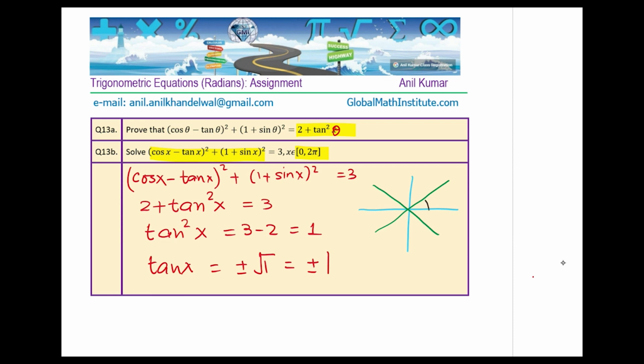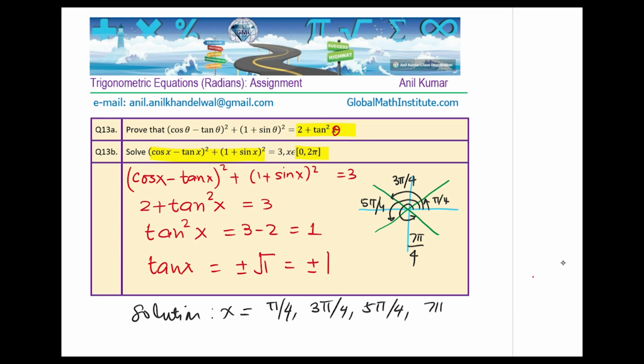Within 0 to 2 pi, we have pi by 4, 3 pi by 4, 5 pi by 4, and 7 pi by 4, correct? So we have the solution as x equals to pi by 4, 3 pi by 4, 5 pi by 4, and 7 pi by 4, since the interval given to us is from 0 to 2 pi. Is that clear to you?